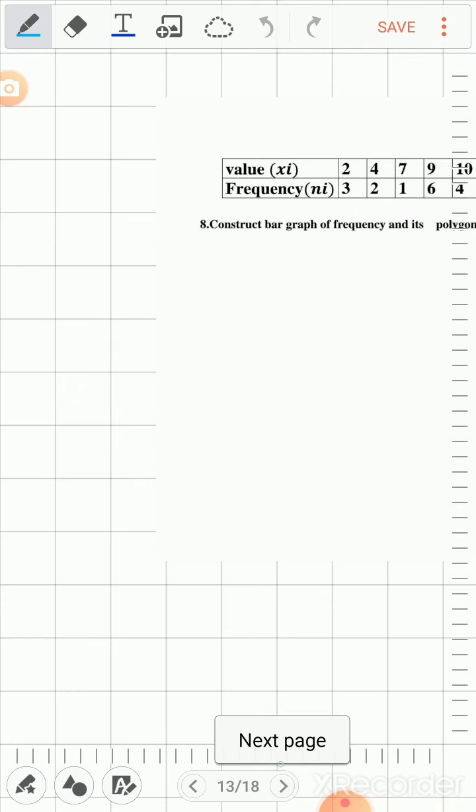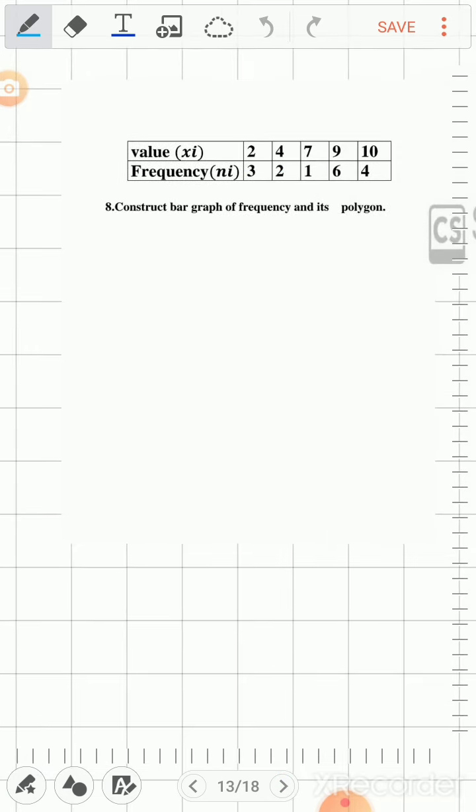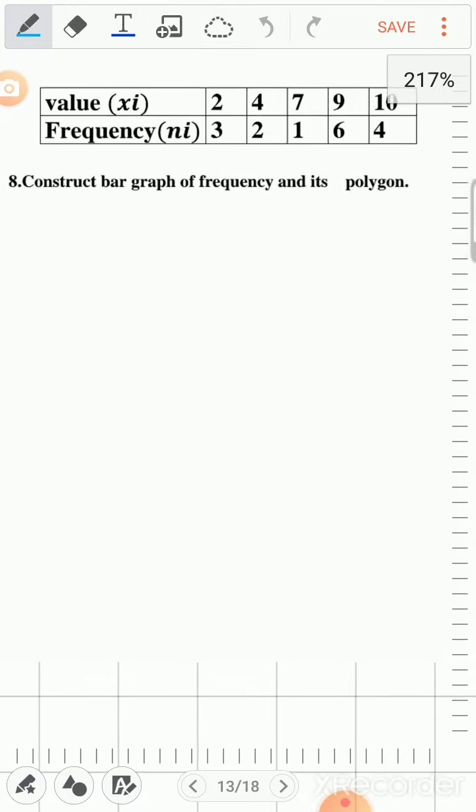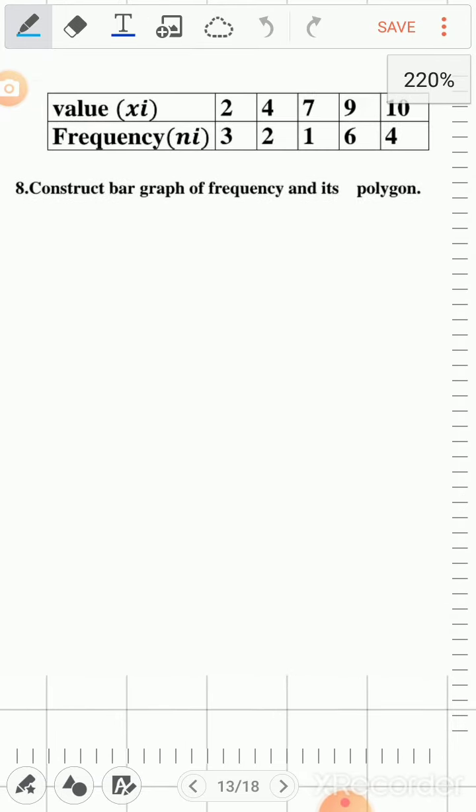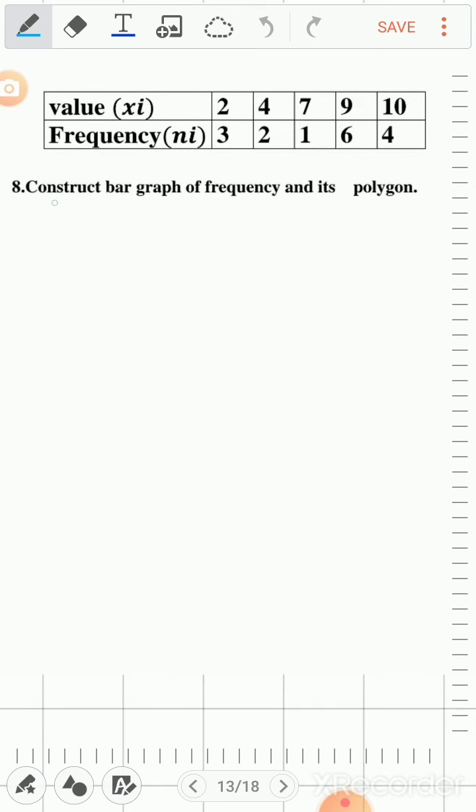Now the next, construct now the graphs. Consider this distribution. Construct bar graph of frequency and its polygon. Okay, we have to construct the bar graph and the polygon.